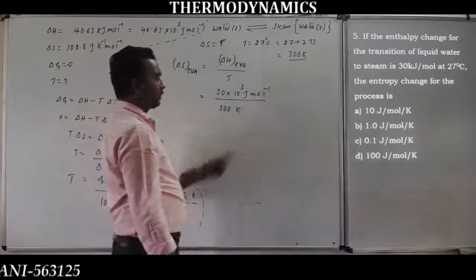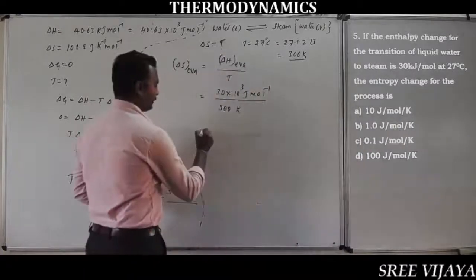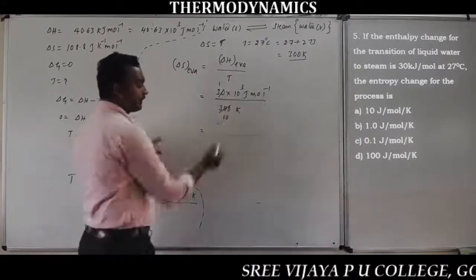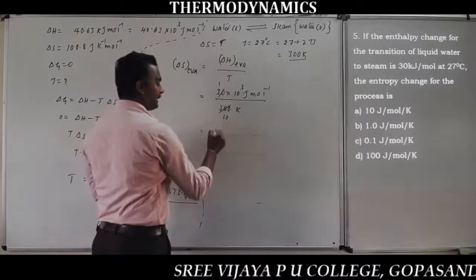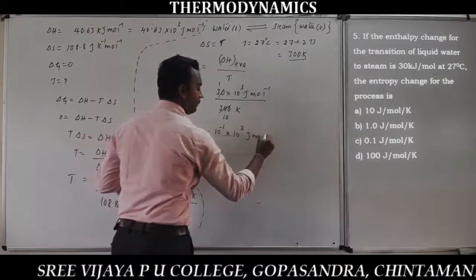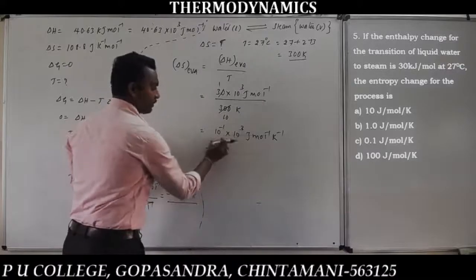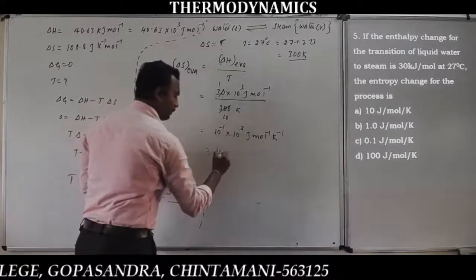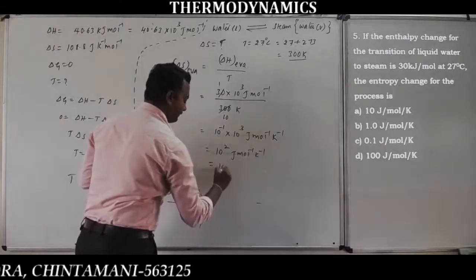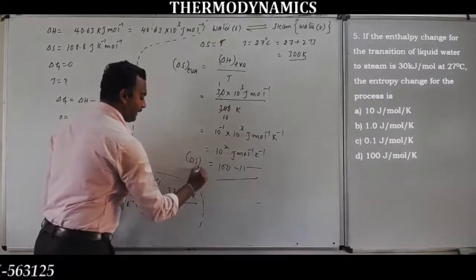So observe, delta S evaporation comes in joule per mole per Kelvin. 30 by 300 is 10 by 100, that is 10 power minus 1, and here 10 power 3. Bases are the same, so add the powers and we get 10 power 2 joule per mole per Kelvin, that is nothing but 100 joule per mole per Kelvin. This is the entropy change of evaporation.